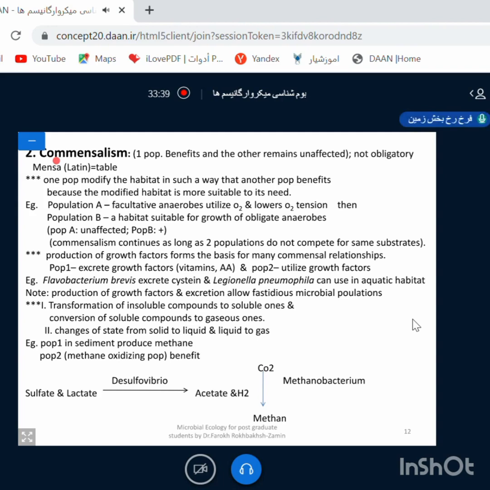Now we want to see what's happening. Sometimes I give you some examples from animals, from general ecology, then I continue with microbial ecology because you can understand it very well.